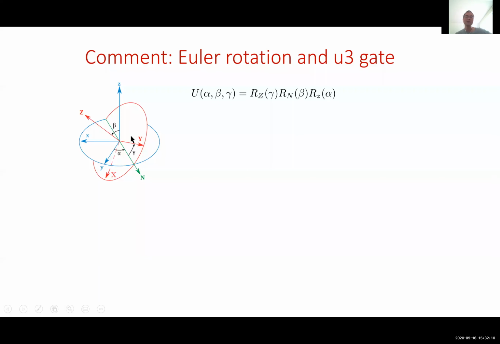But let's review this, and we're going to turn this into a gate. So first, for example, this is U alpha beta gamma. We're going to define a rotation, which is first a z rotation with respect to the lowercase z.